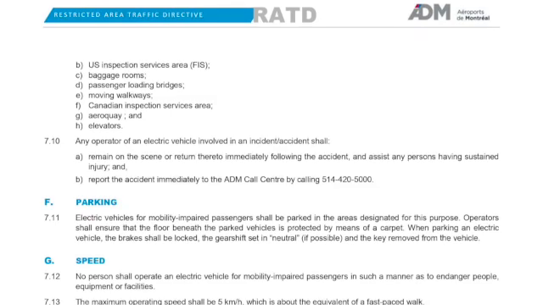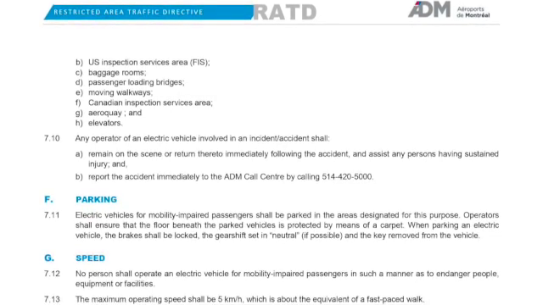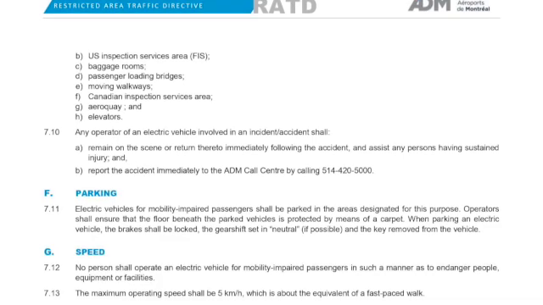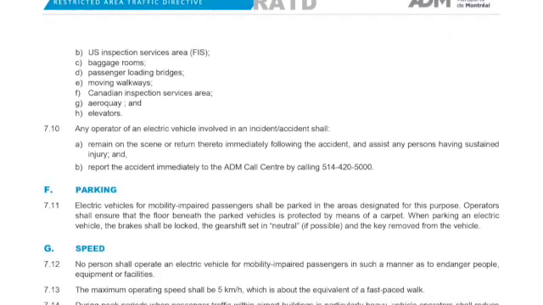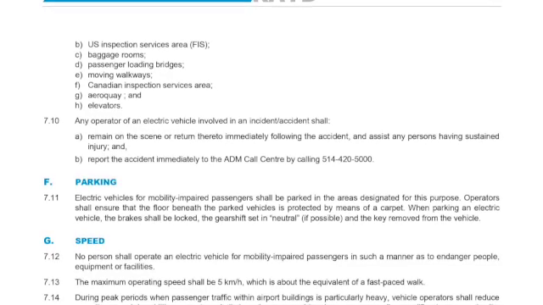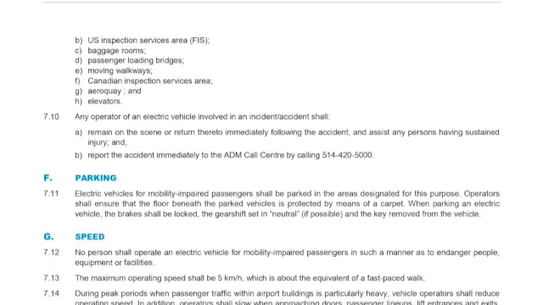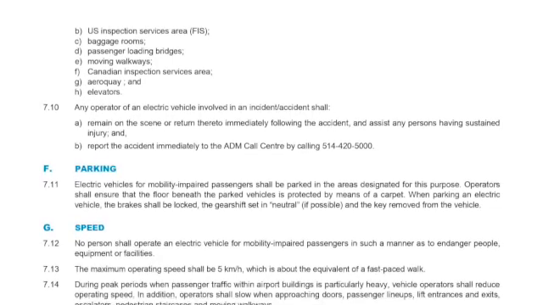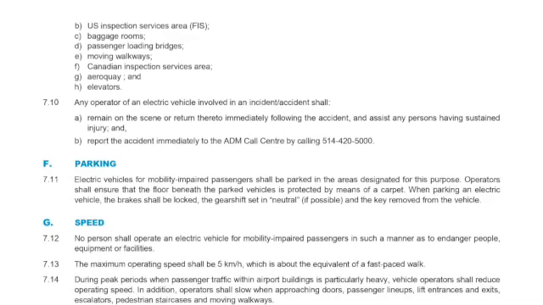10. Any operator of an electric vehicle involved in an incident/accident shall, a. remain on the scene or return thereto immediately following the accident, and assist any persons having sustained injury. And, b. report the accident immediately to the ADM call center by calling 514-420-5000.